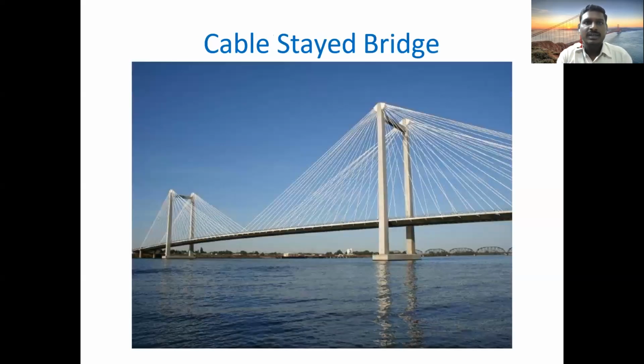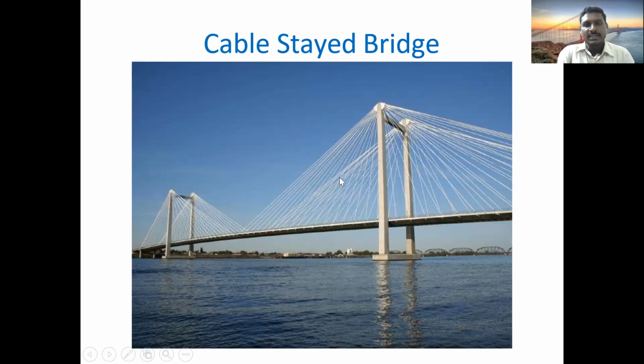This is the cable stayed bridge. As I told you in the similar last image, these are the cables, and on these cables the load of the floor is taken by the cables only.